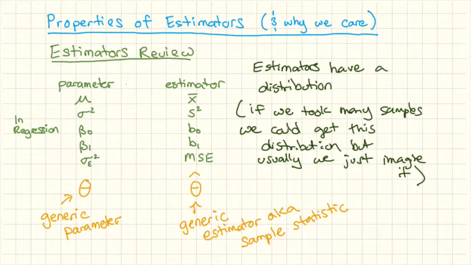We don't usually draw multiple samples and then plot them and get the distribution, but we can imagine what it's going to look like because we can quantify how much variability there is. Then we can use the statistical properties that we know to draw the distribution for our estimator.